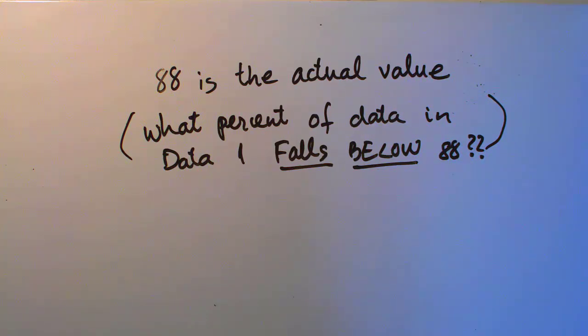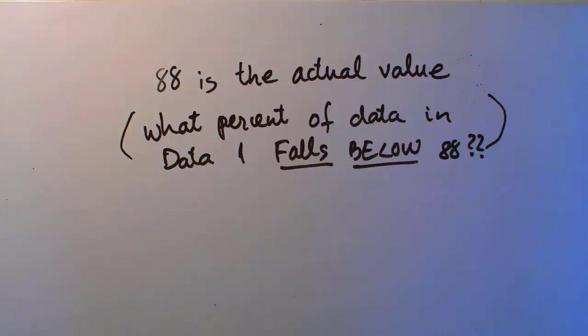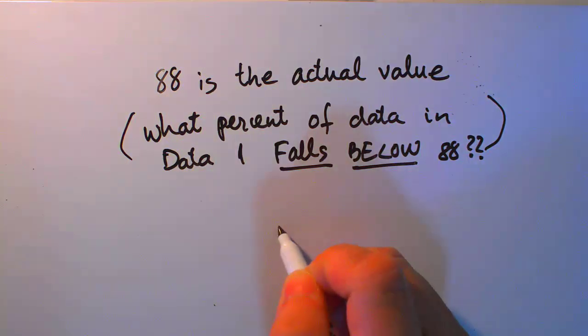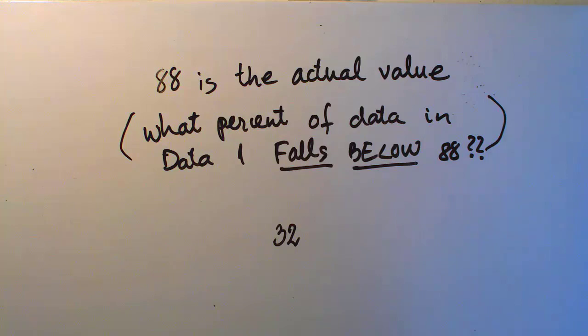What matters is that we count how many values fall below 88. So let's quickly count. I'm counting through the data, and I have 32 data values falling below 88.